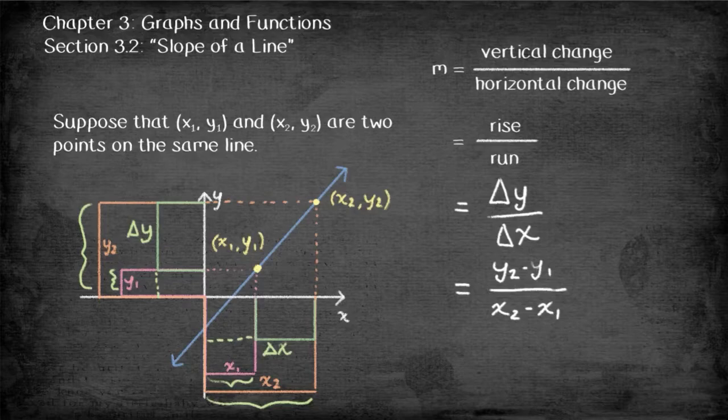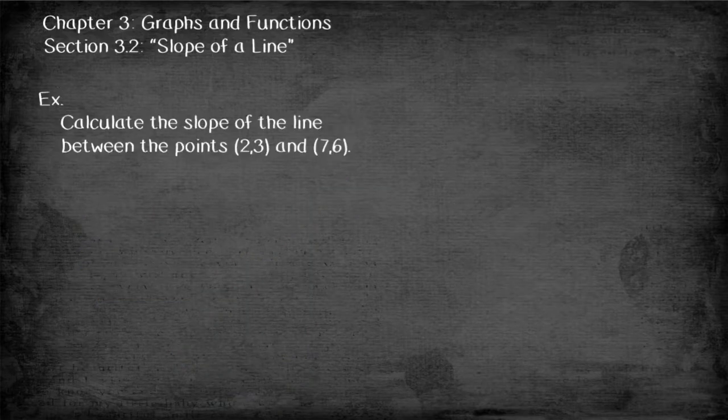It also doesn't really so much matter which point you call x2, y2, and which point you call x1, y1, so long as you're consistent in the formula. So let's go back to our previous example. We want to calculate the slope of the line between the points (2, 3) and (7, 6).